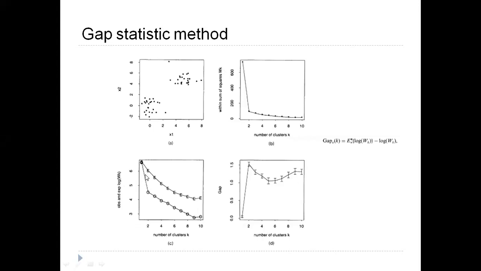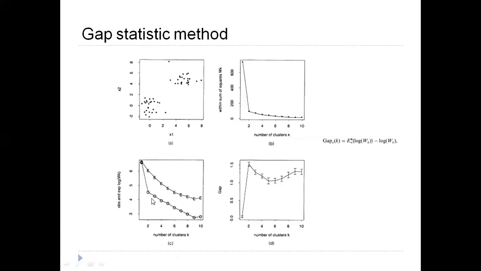So here this is our observed distribution values, and this is the expected distribution values. You identify the gaps between these two distribution values, and then you calculate the gap and plot that gap in another graph. Here you have the number of clusters on the x-axis as usual.